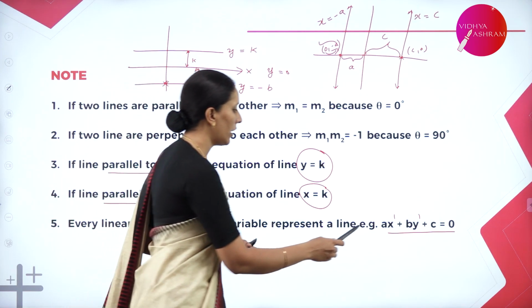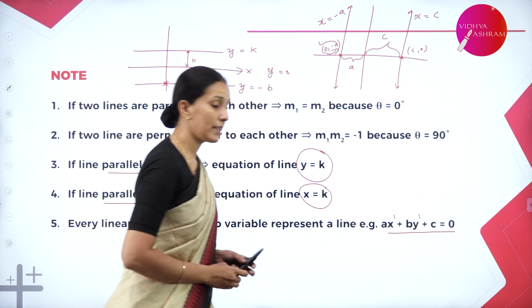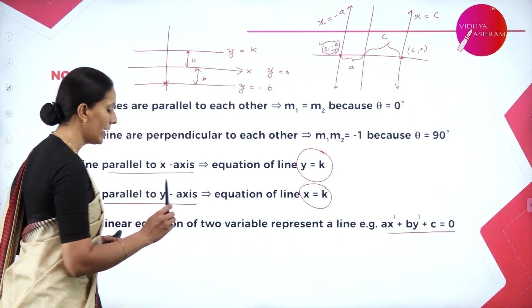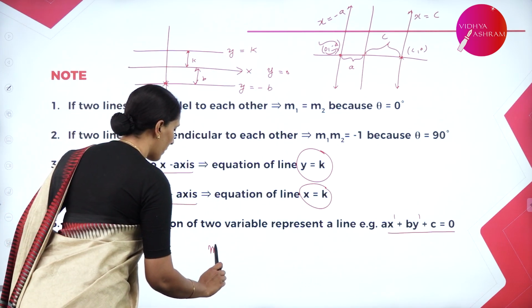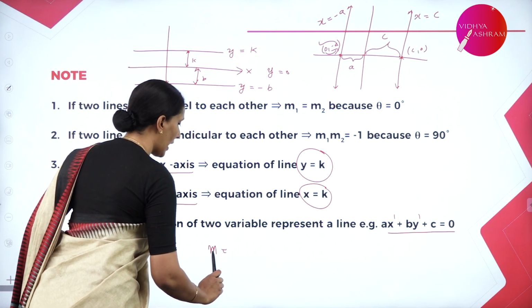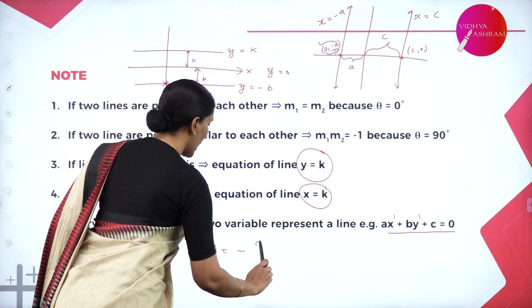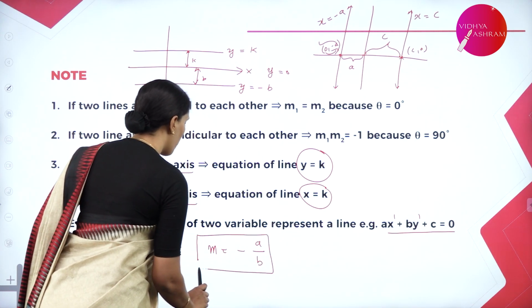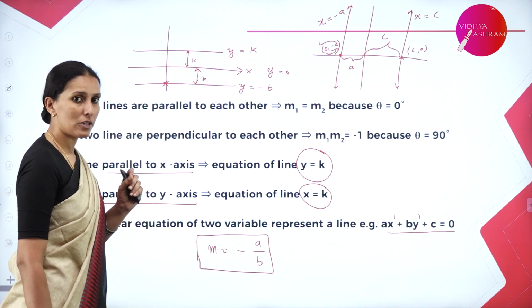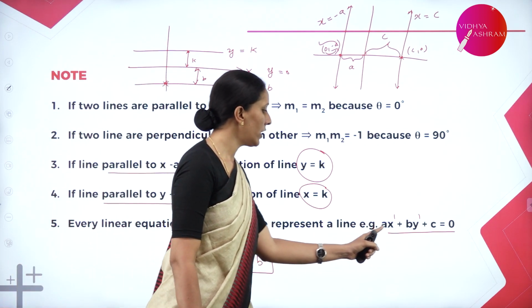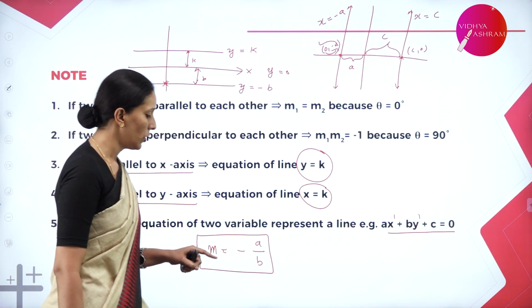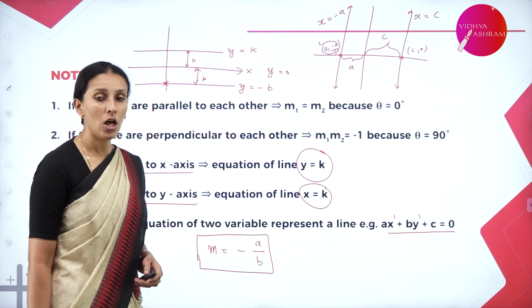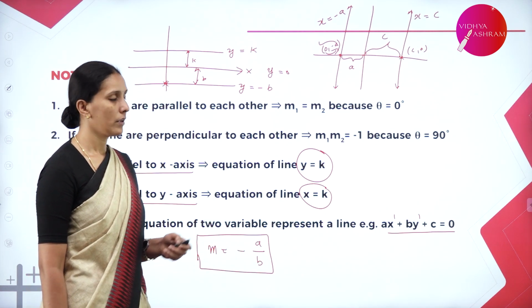If ax plus by plus c is equal to 0 represents a straight line, then there is another way of representing the slope m, that can be written as minus a by b. This is the shortcut formula to remember the slope of a line whenever it is in the linear equation. Here a and b are non-zero constants.